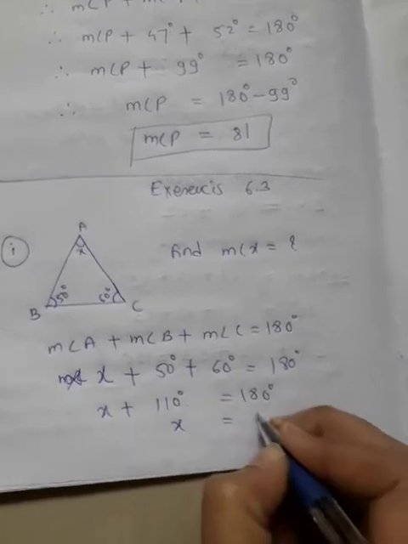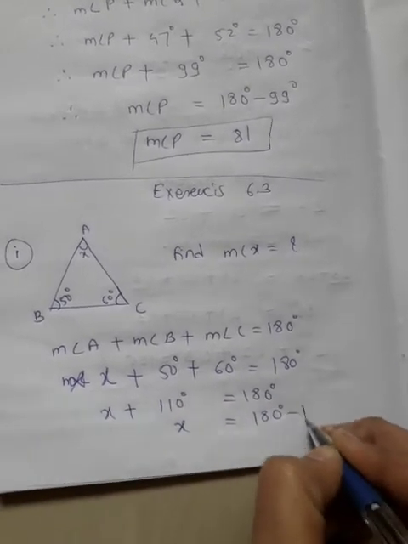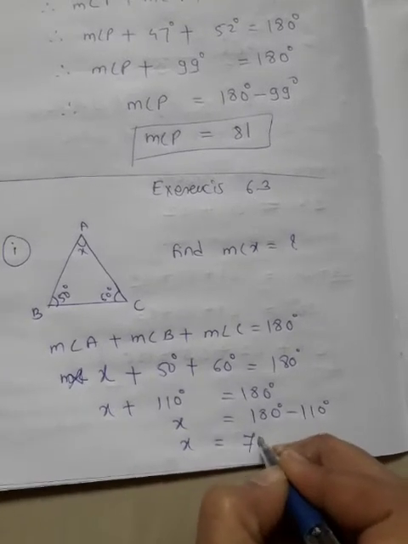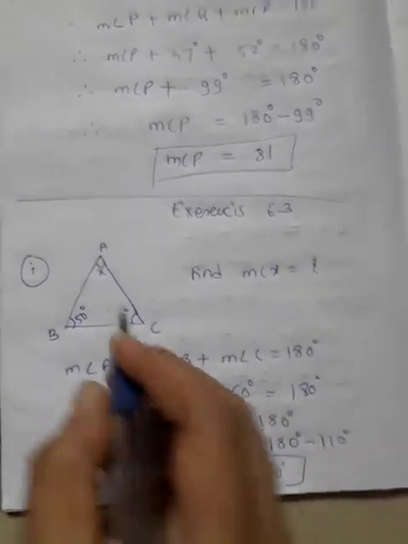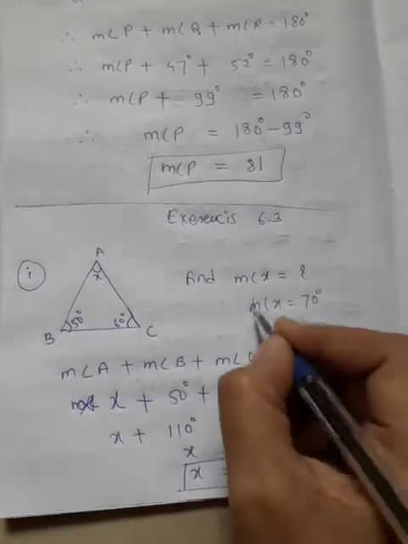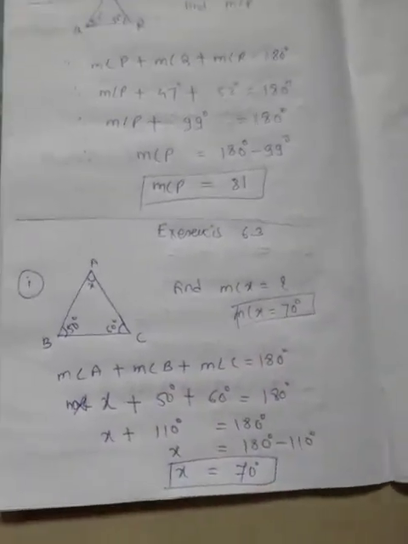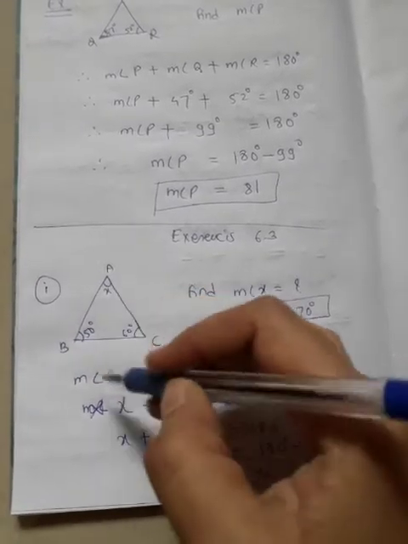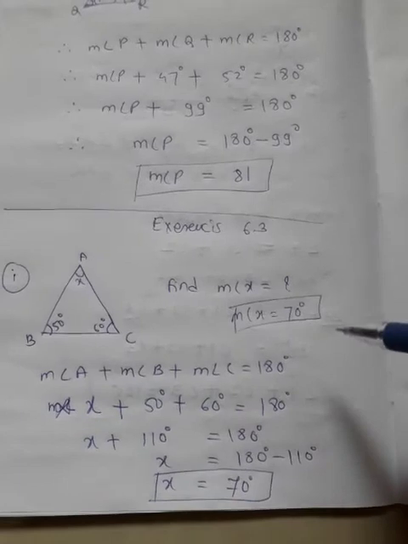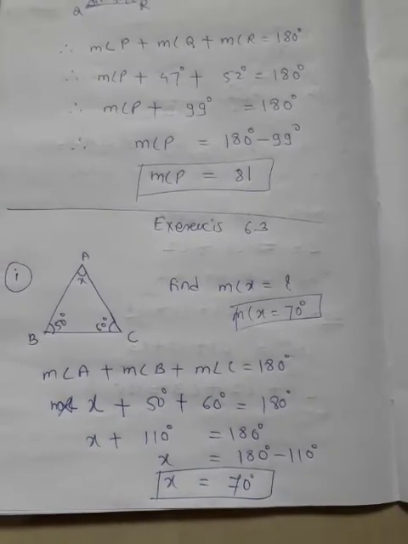To find X we transpose 110 on right side and it gives 70 degree. Okay, so measure of angle X is 70 degree. So to find unknown angle of a triangle you can use this property, sum of measures of angles of a triangle is 180.